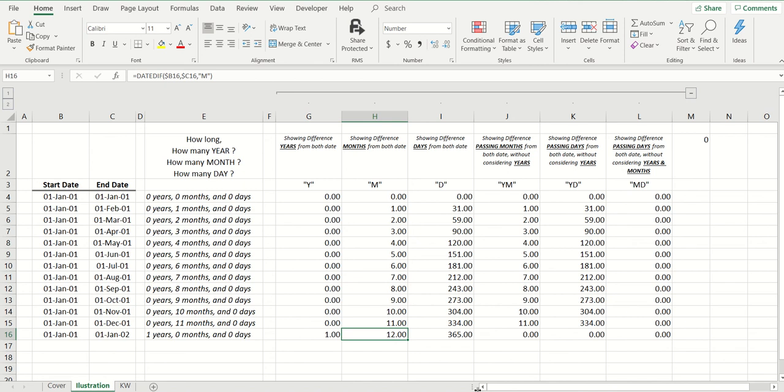Okay, the fifth one is YD. It shows passing days from both dates without considering years.